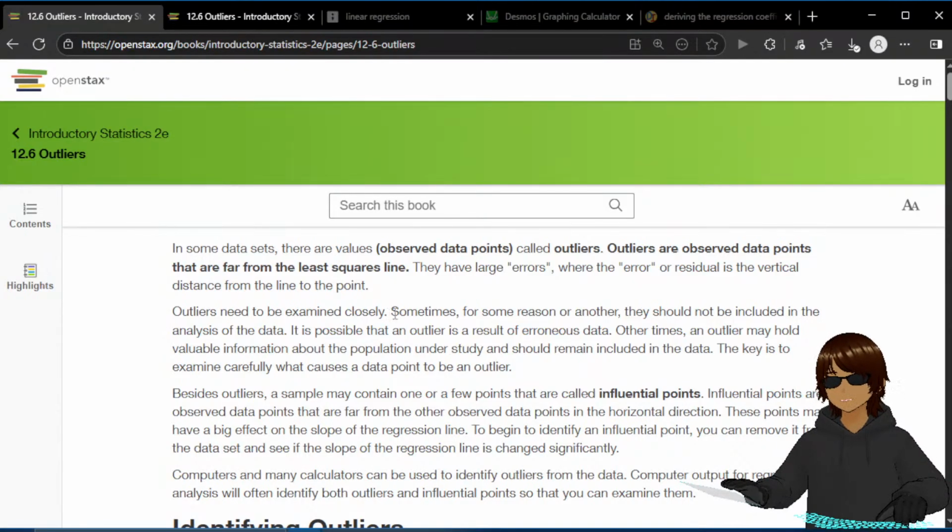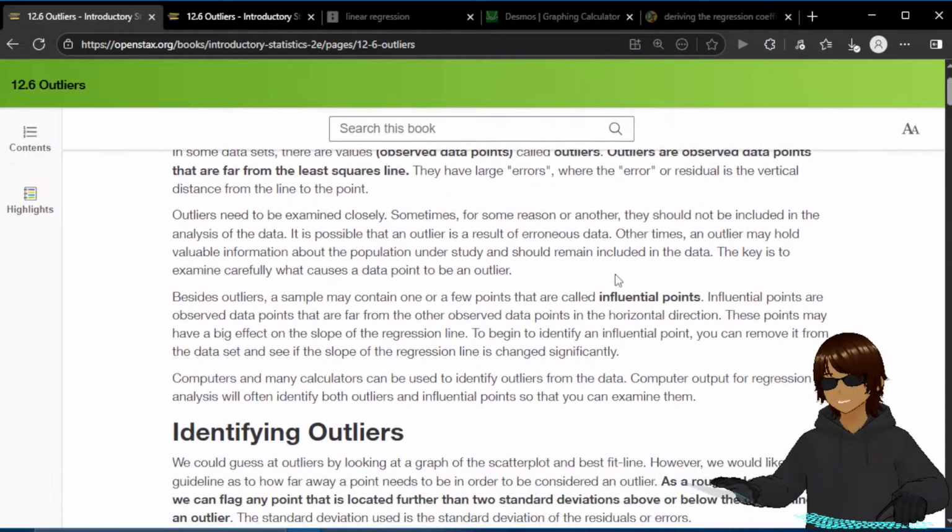Outliers need to be examined closely. Sometimes, for some reason or another, they should not be included in the analysis of the data. It is possible that an outlier is the result of erroneous data. Other times, an outlier may hold valuable information about the population under study and should remain included in the data. The key is to examine carefully what causes a data point to be an outlier.